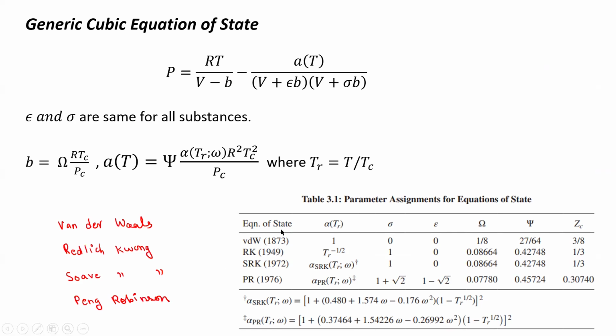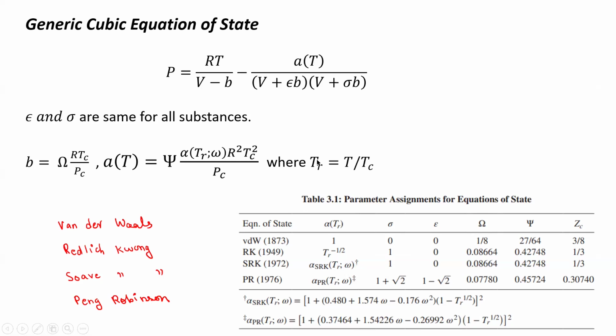And this b and a are given using these Tc and Pc, which are critical temperatures and pressures. These are generally readily available. The volume is difficult to measure compared to the pressure and temperature. So that's why it is all derived in terms of Pc and Tc. And here there is a term alpha, which is dependent on the reduced temperature.